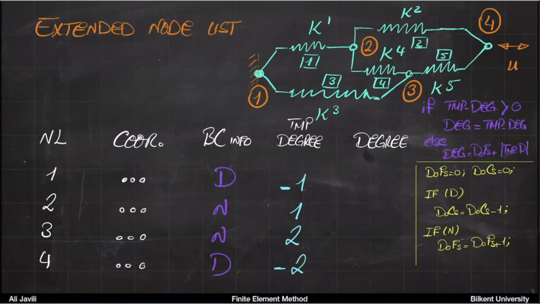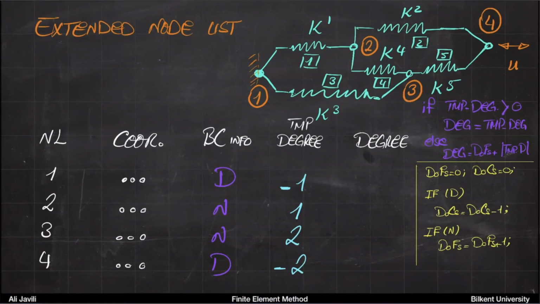So basically here you get 2 plus 1. For the first one, that would be 3. 1, 2, 4. Okay, so what does this mean? This means your node 1 should have the global number 3. Your node 2 should have the global number 1. Your node 3 should have the global number 2. And your node 4 should have the global number 4.